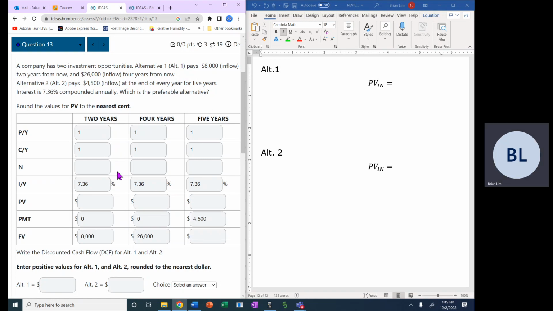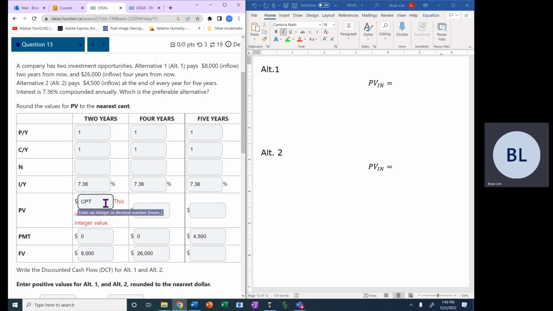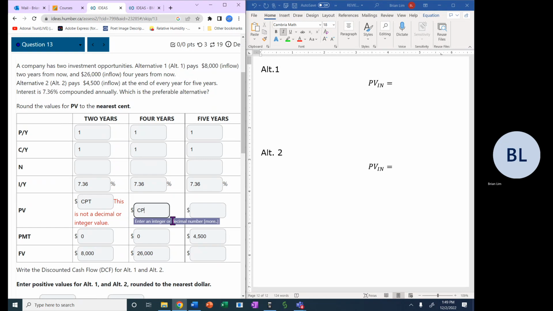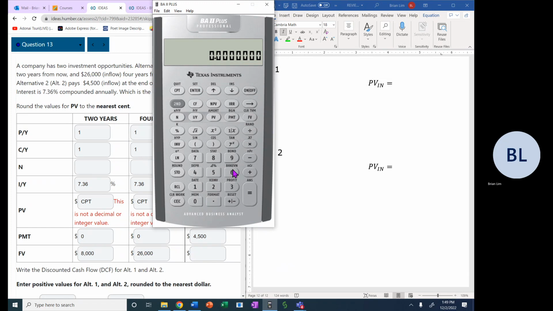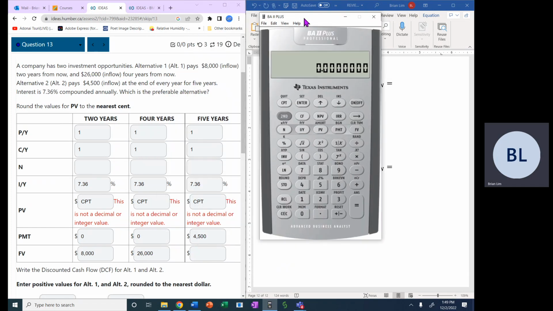Okay, so let's start. We can get these numbers in here. And of course, the computation is for the present value. That is what is required, the present value, and then the comparison can be made. All right, so for this first one, let's get the calculator up here.